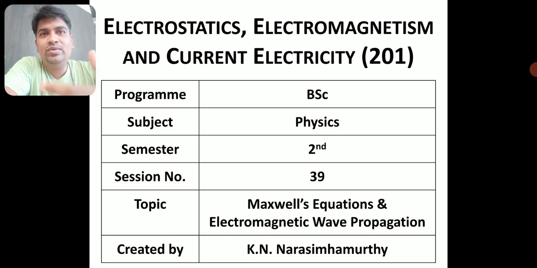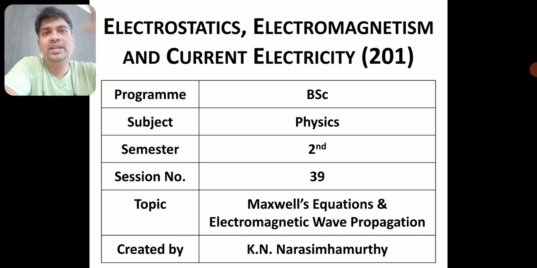Maxwell gave these 4 beautiful equations by modifying those laws. The behavior of electric and magnetic fields is governed by these 4 fundamental laws, which are as important as Newton's laws in mechanics.